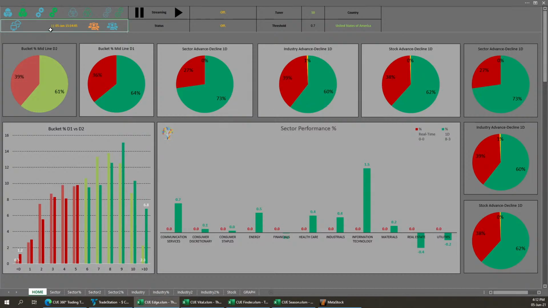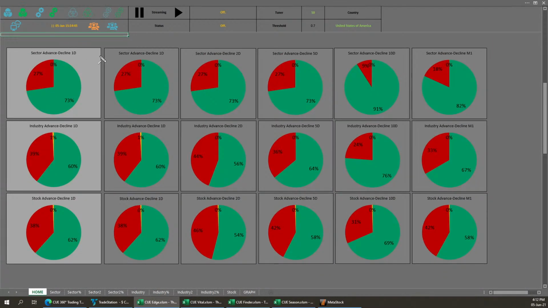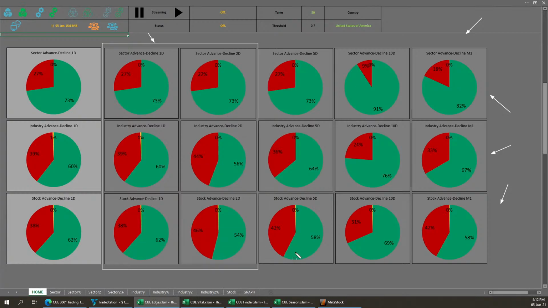If we now look at the very useful 1 month to 1 day sector industry stock advanced decline breadth, that is bullish. Once again, the daily weekly turned bearish only to turn bullish again.